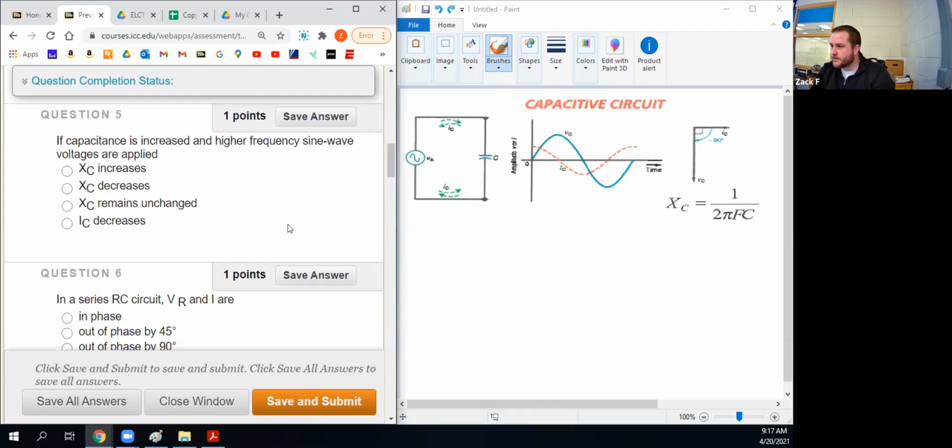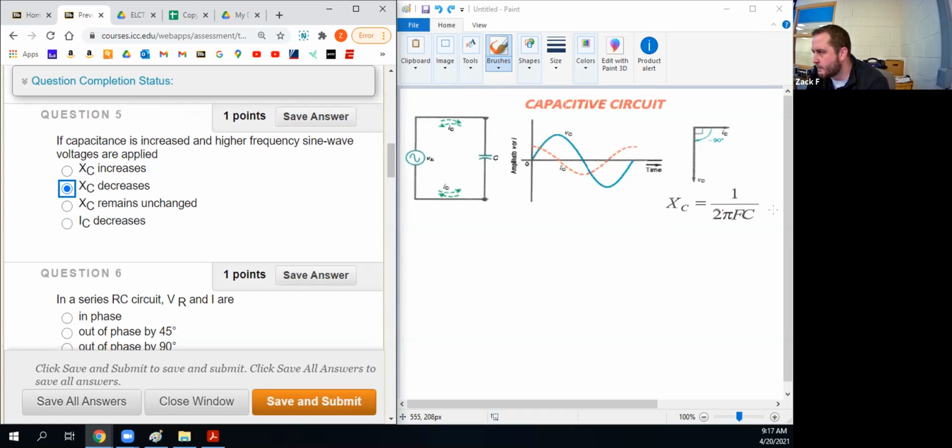If capacitance is increased and higher frequency sine wave voltages are applied, what happens to capacitive reactance? Decreases. Let's take a look at that in the formula.